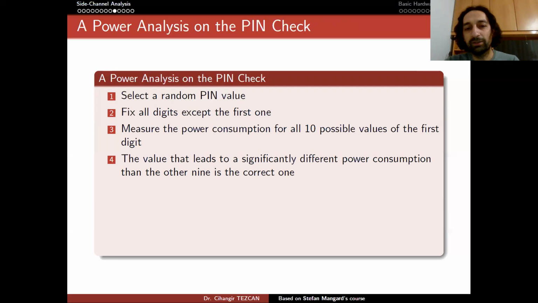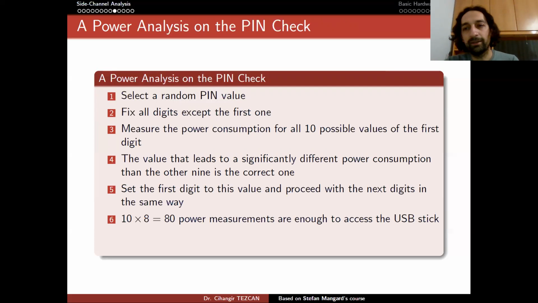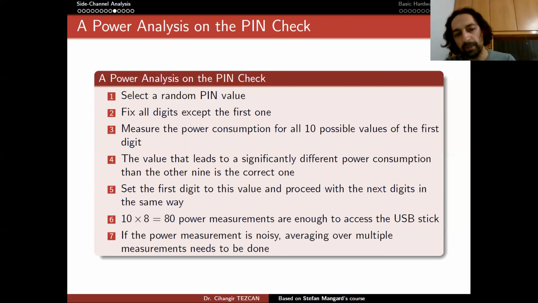The value that leads to a significantly different power consumption than the other 9 is the correct one. Set the first digit to this value and proceed with the next digits in the same way. Again, at most you have to perform 10 times 8, equivalent to 80 power measurements. So 80 measurements would be enough to access the USB stick. If the power measurement is noisy, averaging over multiple measurements needs to be done.